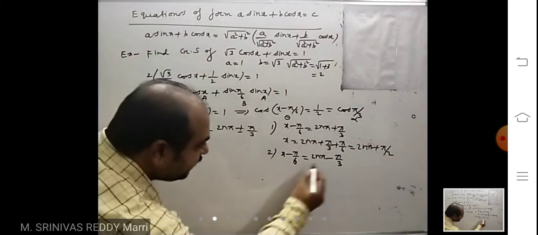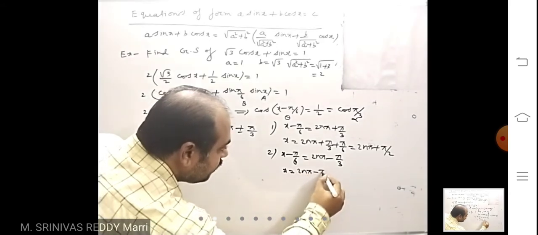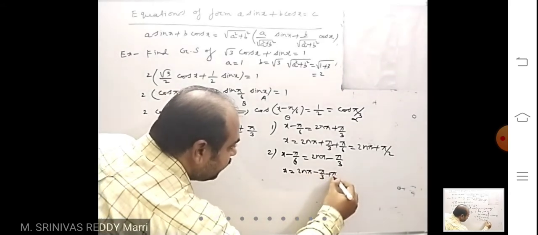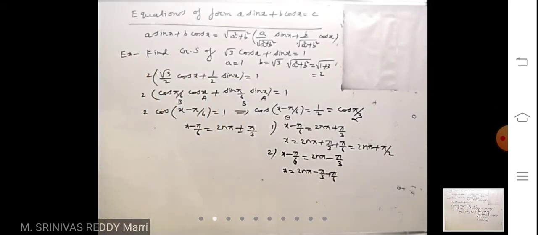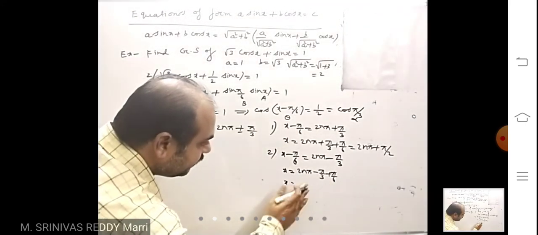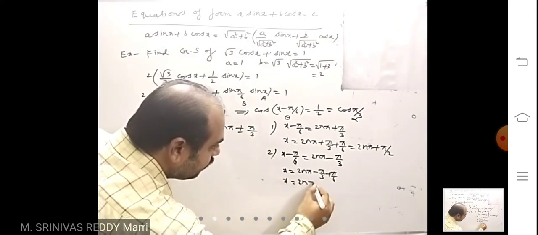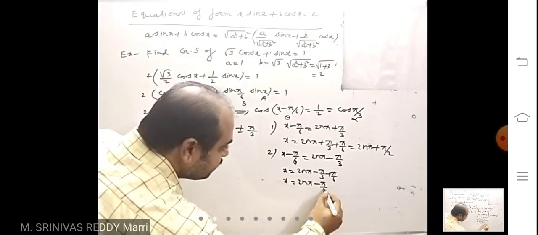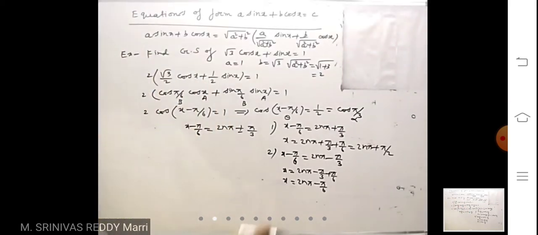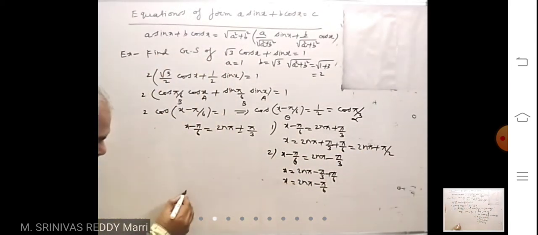So therefore you bring that side, x equal to 2n pi minus pi by 3 plus pi by 6. This is minus 60 plus 30. That means you will get minus 30, minus pi by 6. Now this is one general solution and this is another general solution.